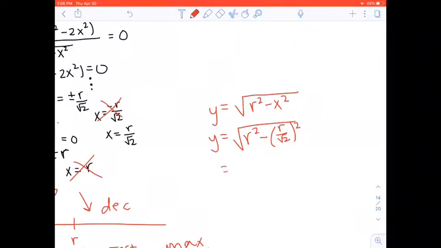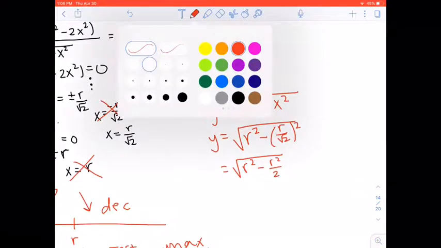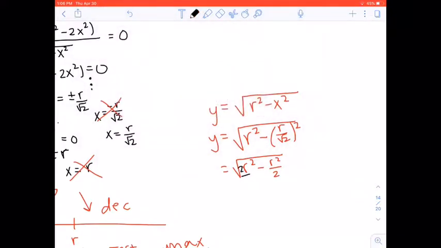When you work this out, you have the square root of r squared minus r squared over 2. If you get a common denominator and multiply by 2 over 2, this is going to be the square root of r squared over 2, which simplifies to just r over the square root of 2.